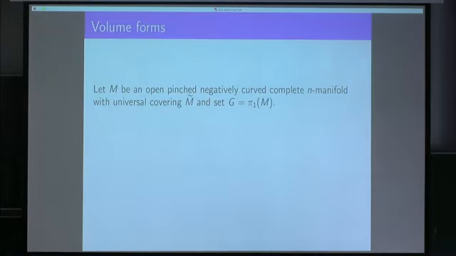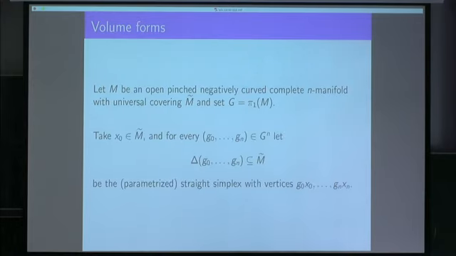We take the universal covering, and we set G the fundamental group of M, which acts by isometries on the universal covering. And we are going to define a volume form. What is a volume form? It is the volume of simplices, basically. So first of all, for every m plus 1 tuple of elements in G, we want to define a straight simplex.